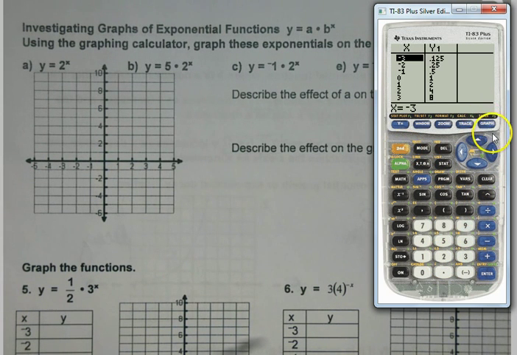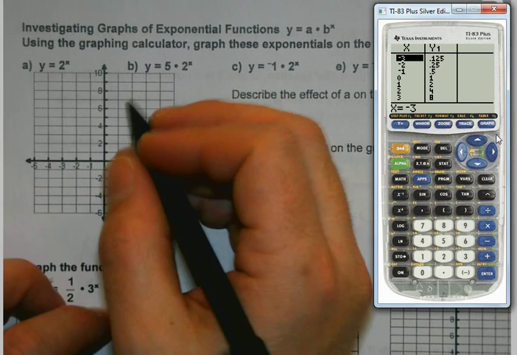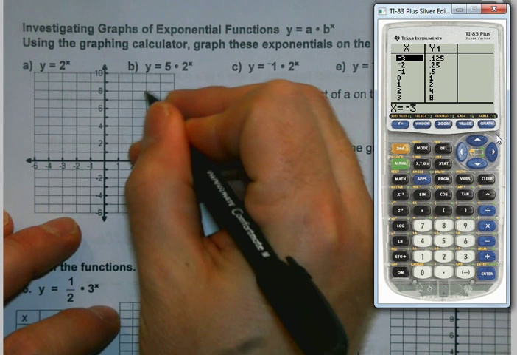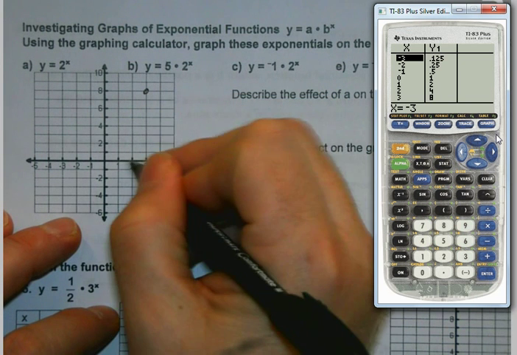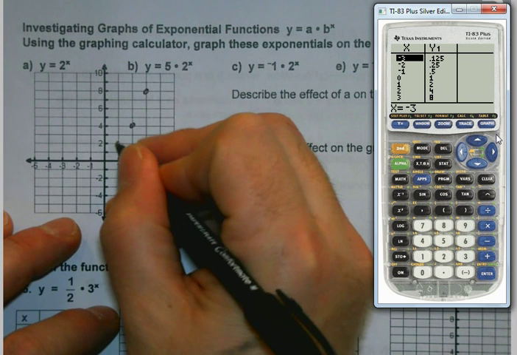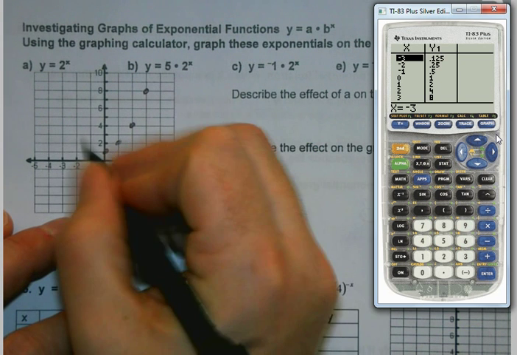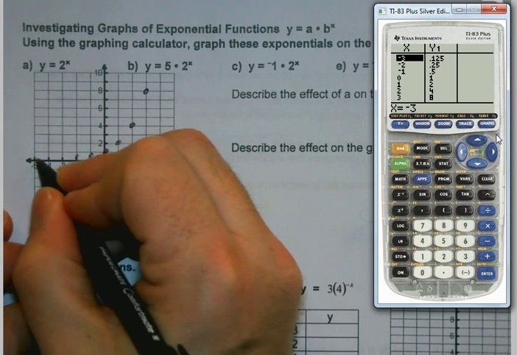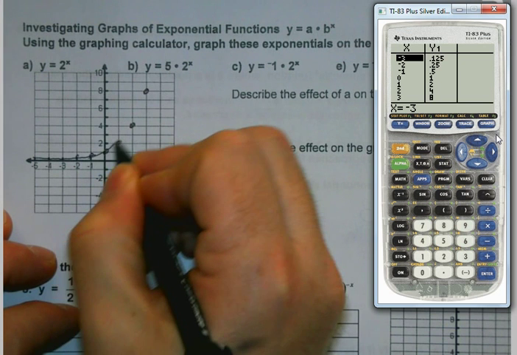Let's look at our chart here. We're going to graph this, and we're going to label these as we go along so we can tell the difference between them, because it doesn't help much to do all this graphing if we can't tell them apart.